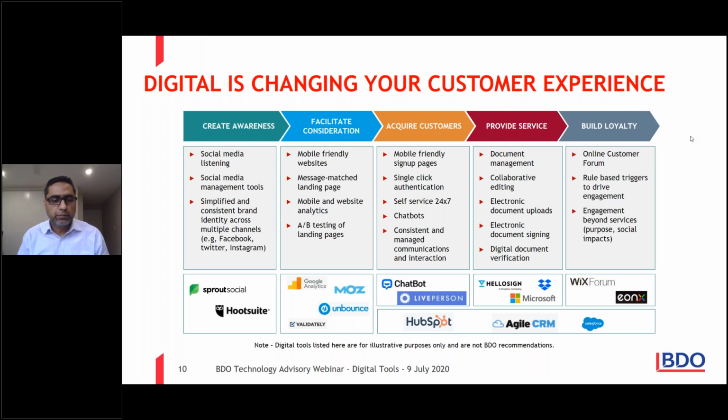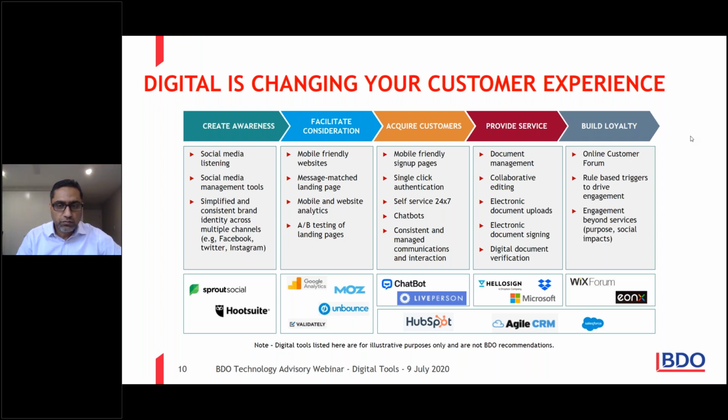So a lot of the capabilities are coming in this area, but we just wanted to make sure that we expose you to some of those things that are happening in the marketplace. Now, by no means are these logos at the bottom of that screen exhaustive. There are a lot more players in the market, but this is not a recommendation.